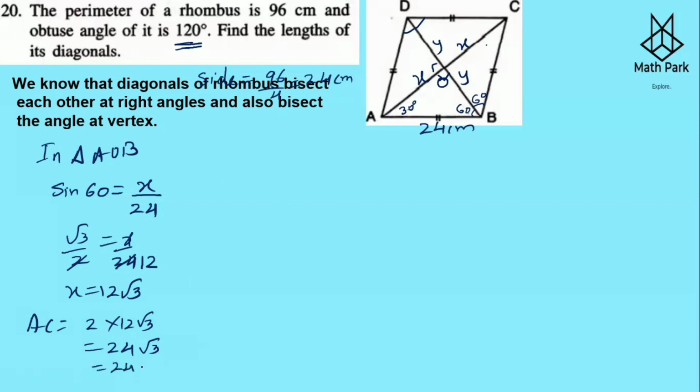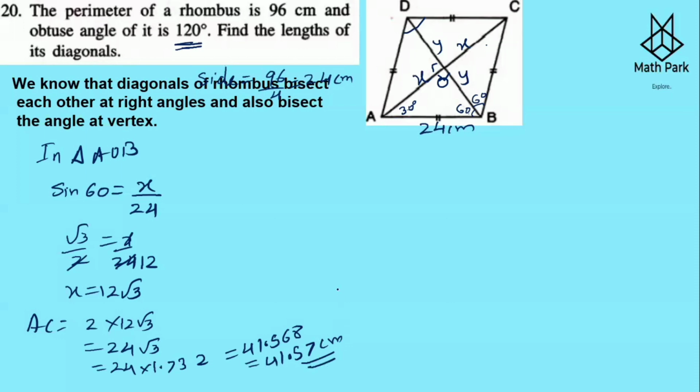So we have 24 into 1.732. Multiplying, you get diagonal AC as 41.568. Rounding to two decimal places, we get 41.57 centimeter as your diagonal AC.